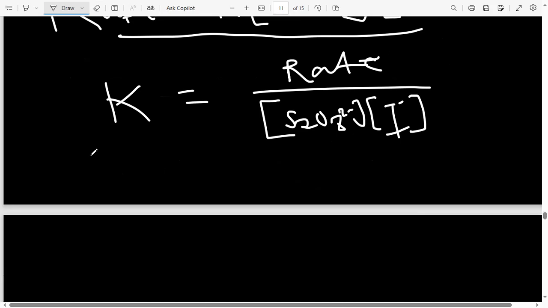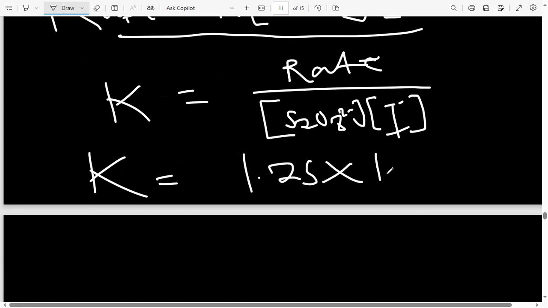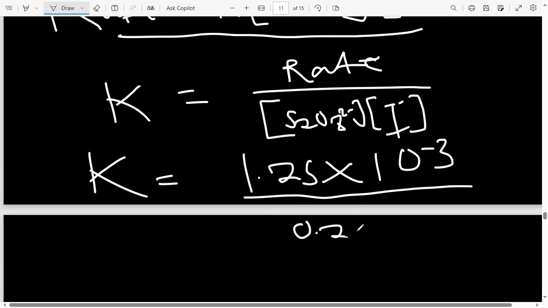Okay, so let's just plug in the values. You choose any experiment that you want. Let me choose experiment 1. It means the rate is just 1.25 multiplied by 10 to the power minus 3. Then I'm dividing all this by the concentration of this multiplied by this, which is 0.25 multiplied by 0.25.